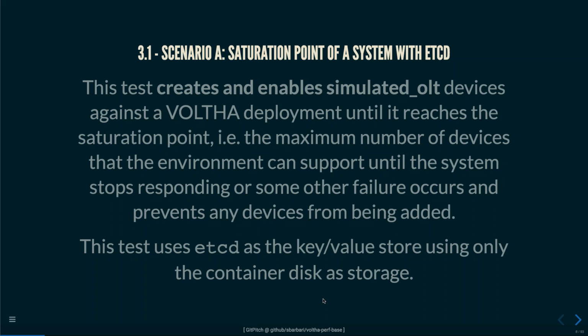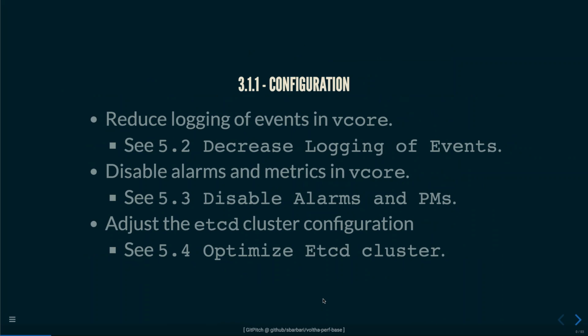So the first test was executed using etcd as the KV store, and this etcd KV store was run without any volume attached. So it's only using the internal storage. For this test, again, I disabled the logging, I disabled alarms and performance metrics, and I did some adjustments on the etcd configuration.